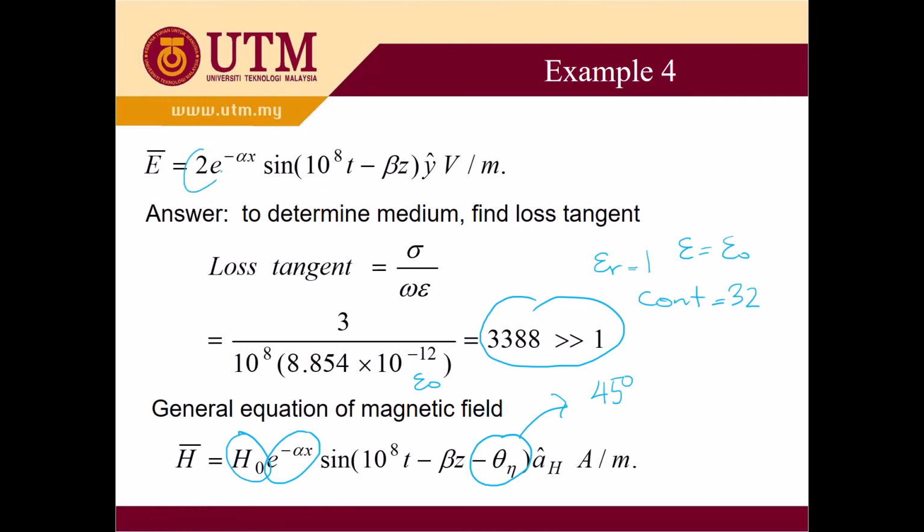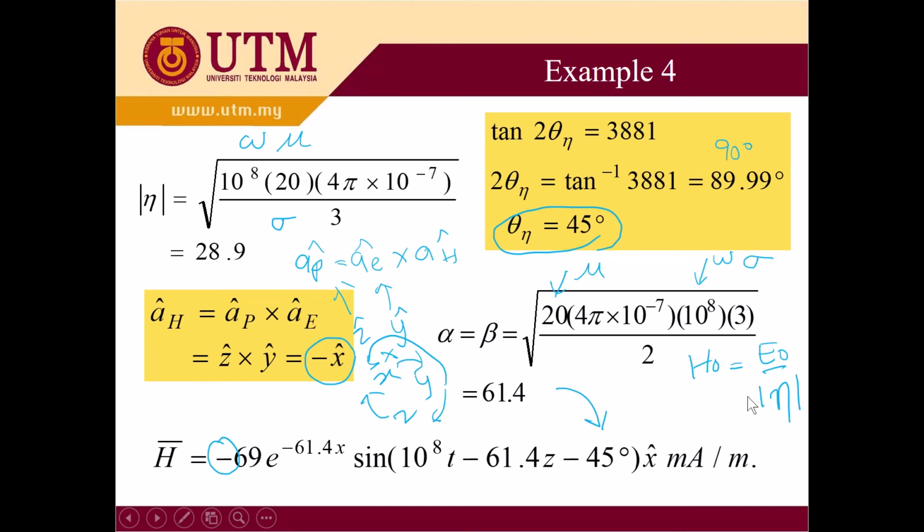So 2 must be divided by 28.9. You get 69 milli, okay, the value. So we settle here.